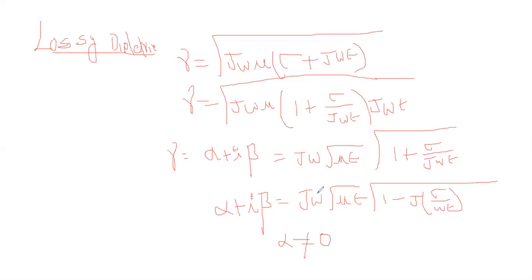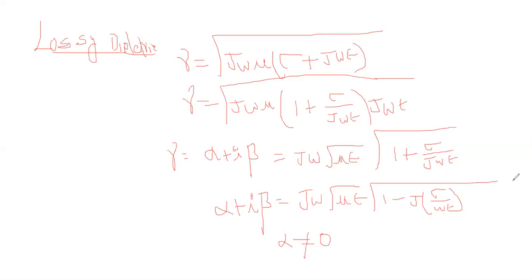Some small value is there. And beta definitely becomes omega under root of mu epsilon only. The term multiplied with 1 can be taken with whole power 1 by 2.